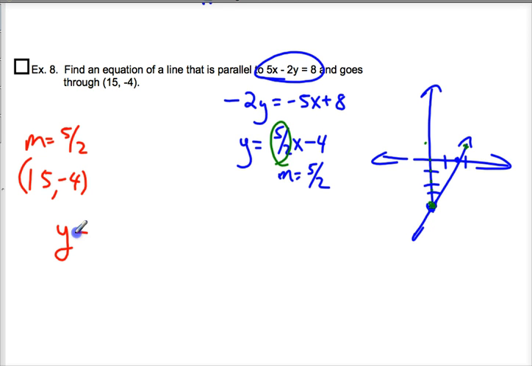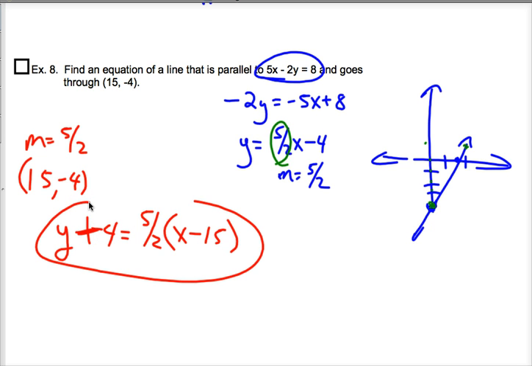So we need y minus the y, which is -4, equals the slope, 5/2 times x minus the x, which is 15. My x1 is 15, my y1 was -4. You can leave it just like this except for change that to a plus. That's a good equation for a parallel line to the one that is up here already.